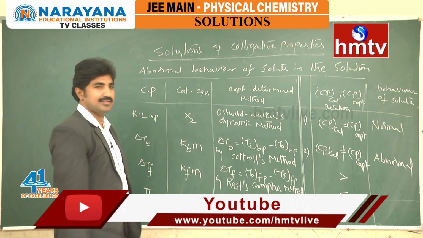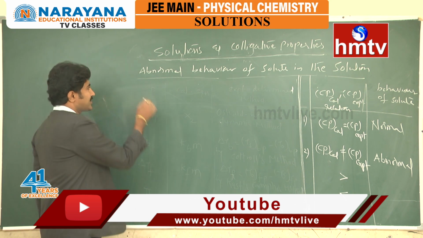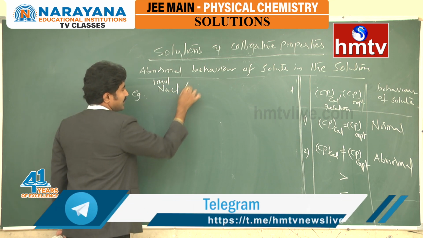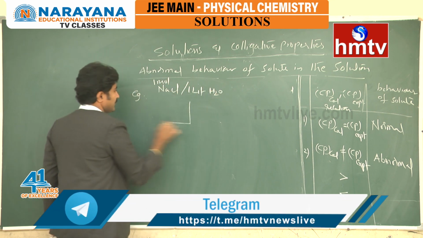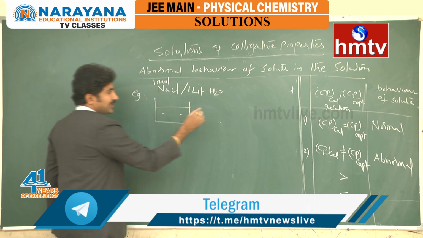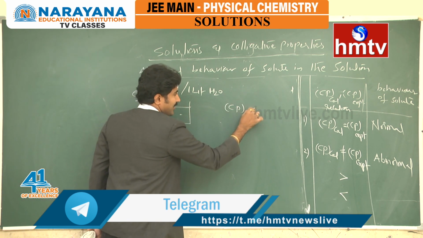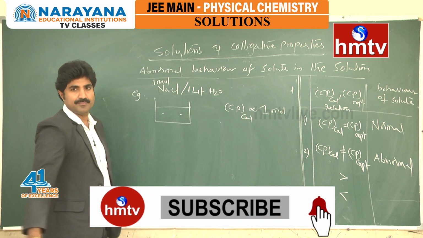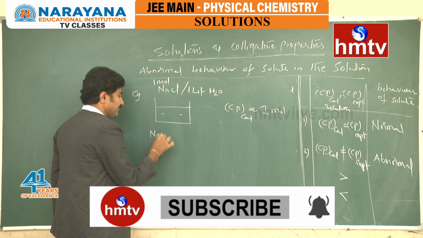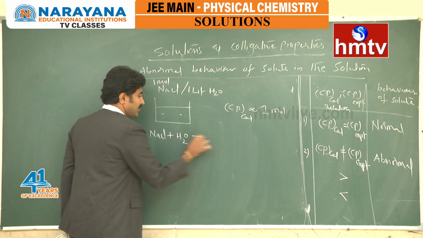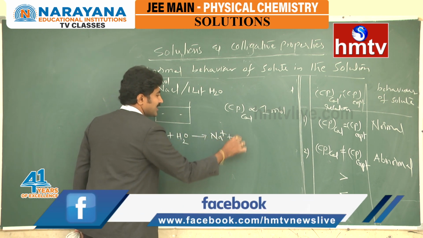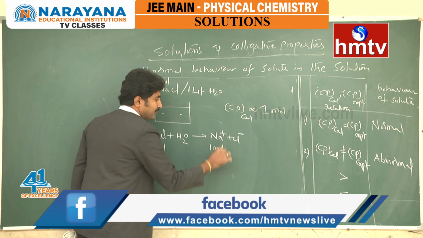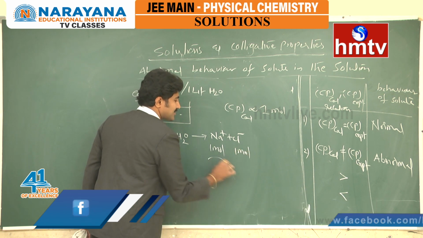Here I am giving one example so you can understand. Suppose I take 1 mole of NaCl dissolved in 1 liter of water. Then the calculated colligative property value is directly proportional to 1 mole of added NaCl. But after dissolution, NaCl dissolves in water and gives ions, Na plus and Cl minus. If you take 1 mole NaCl, it gives 1 mole Na plus and 1 mole Cl minus.